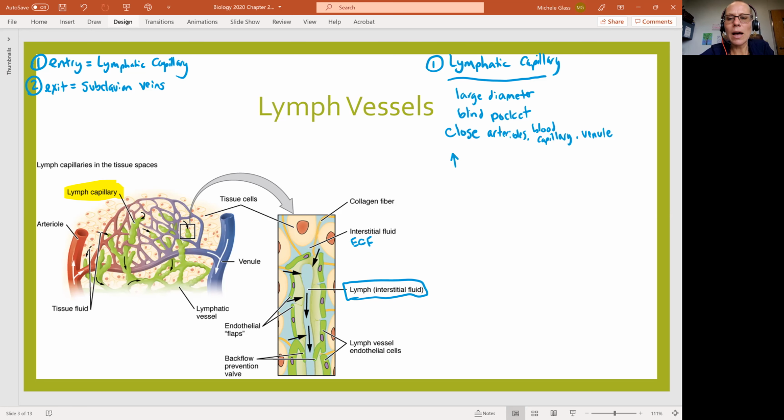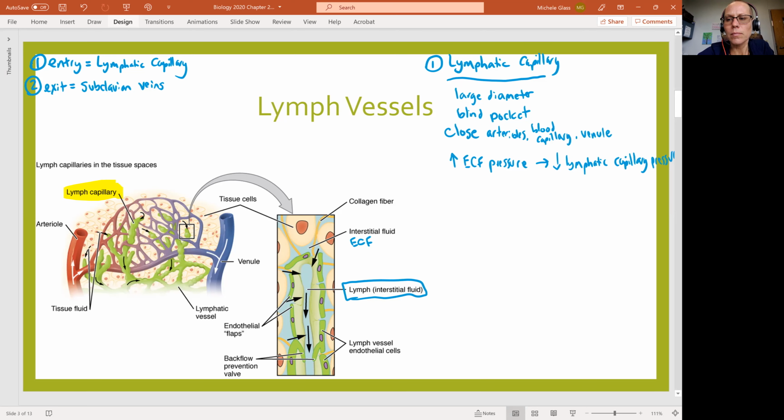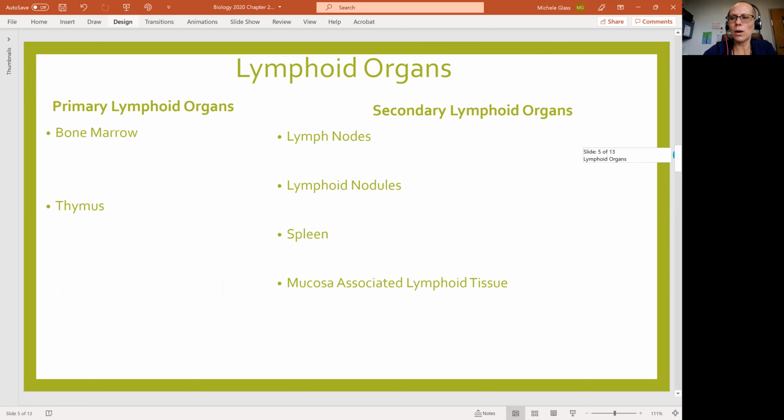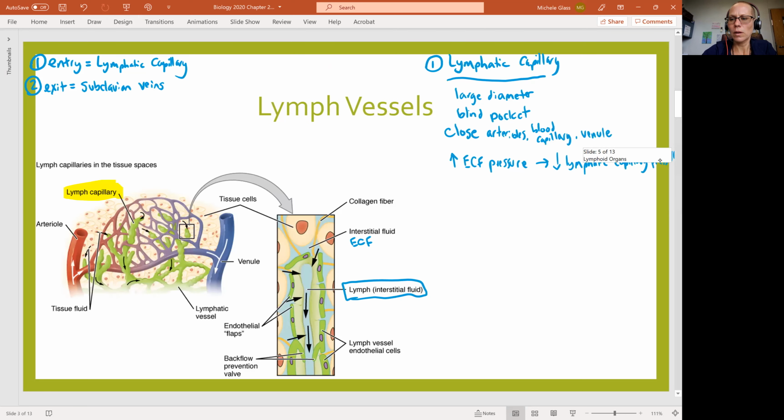We'll have a high extracellular pressure and materials moving into the lower lymphatic capillary pressure, because we know that fluid is moving from a high to a low pressure.